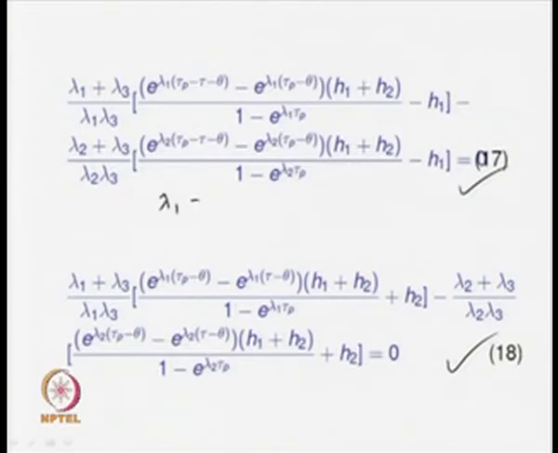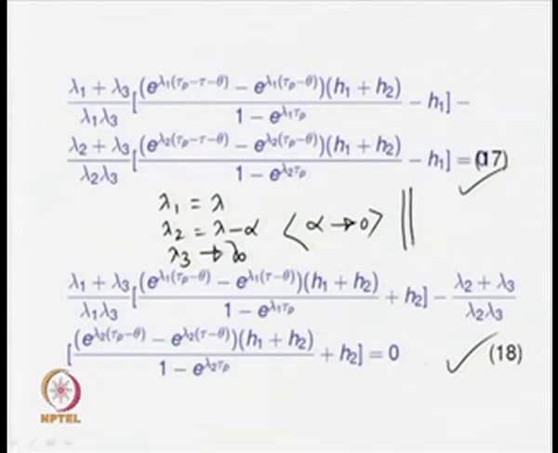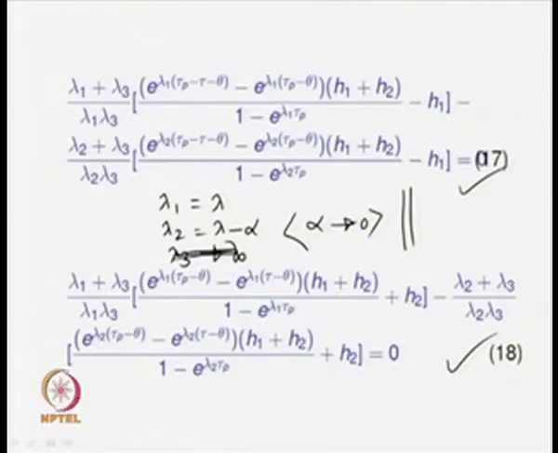Lambda 1 can be assumed as lambda, lambda 2 will be lambda minus alpha with alpha tends to 0, and lambda 3 can be a large number to identify the transfer function model with no zeros. When you have a zero in the transfer function model, then this constant is not required, lambda 3 can be as it is. So, there is no constraint on lambda 3 as far as using the analytical expressions is concerned.